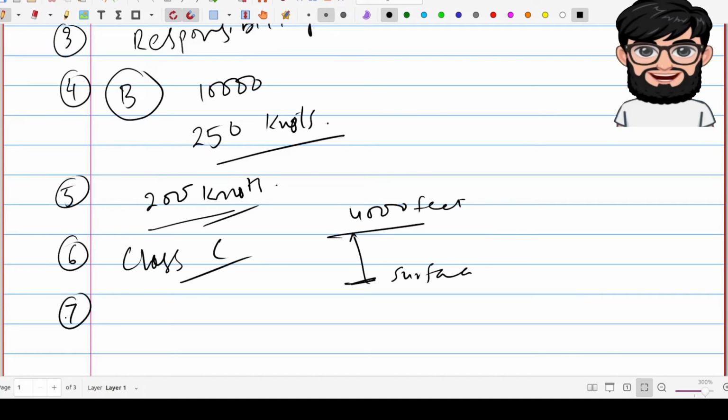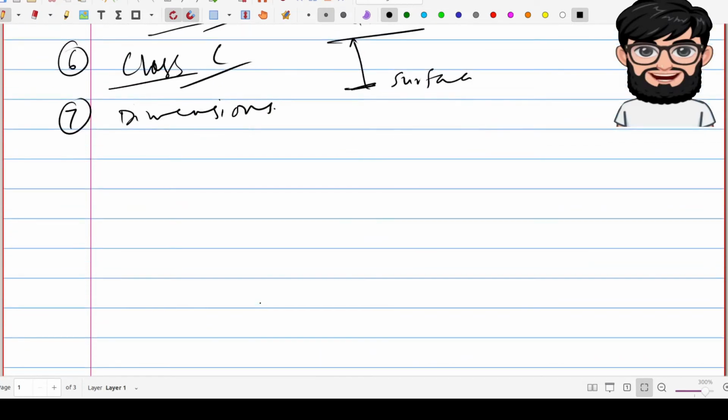What are the basic dimensions of class Charlie airspace? Just remember that these are the normal ones, but you should definitely consult the sectional chart to make sure.